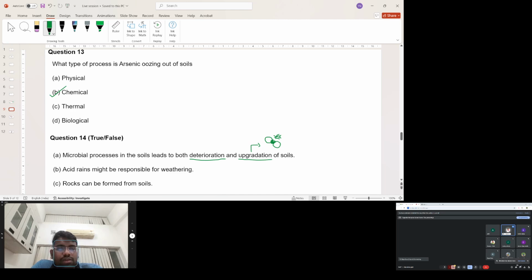All right. So in this case, the strength of the soil or the properties of the soil will be enhanced because of the binding nature. Yes, calcite is a binder, so it will bind the grains together. That is the reason microbial actions also can cause upgradation of soils, in terms of the properties.